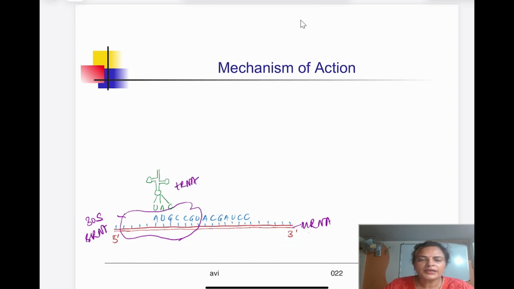This transfer RNA carries the amino acids, whatever the previous amino acids are. Suppose two amino acids, A and B, or 1 and 2, are already attached here. This is how the initiation complex is formed.